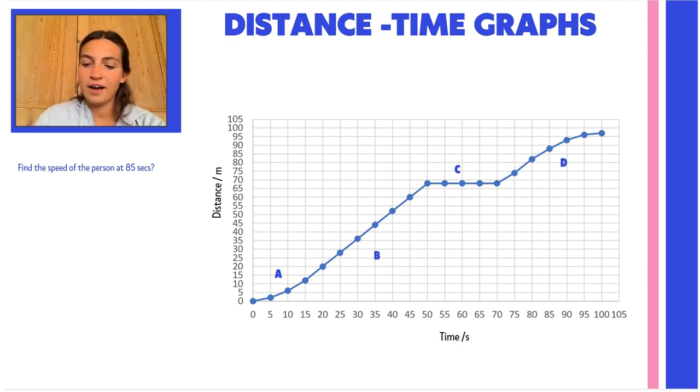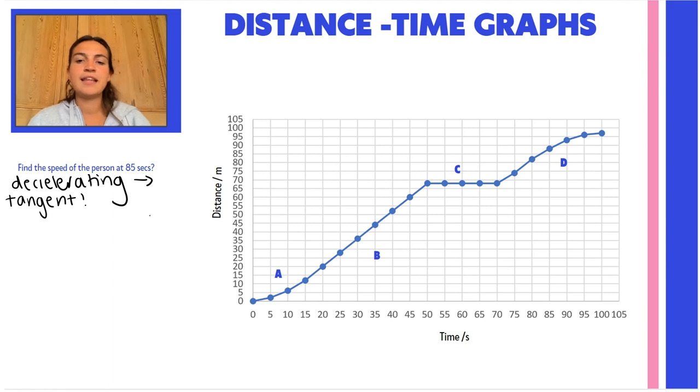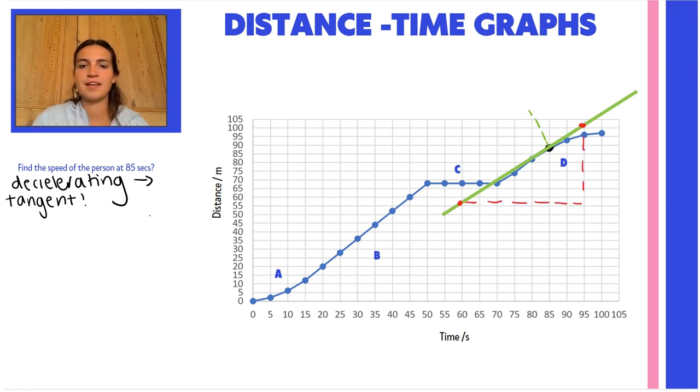I first am going to identify that at 85 seconds I'm in section D and my graph is beginning to curve. If I have a curved section of my graph and I'm trying to find the speed, then I need to take the tangent of the curve at that point. So I'm going to draw the tangent in there like that now, and that green line should be 90 degrees to that 85 second point.